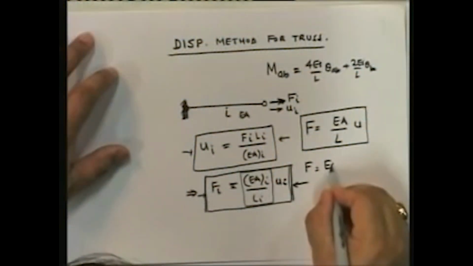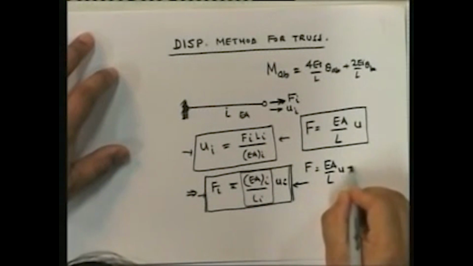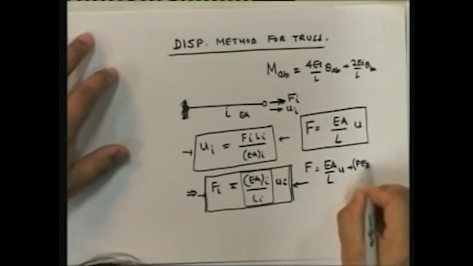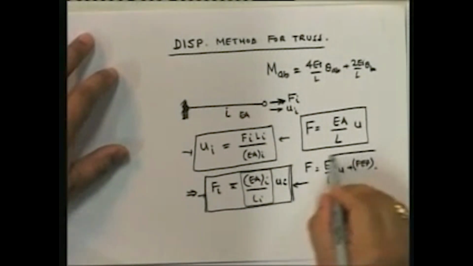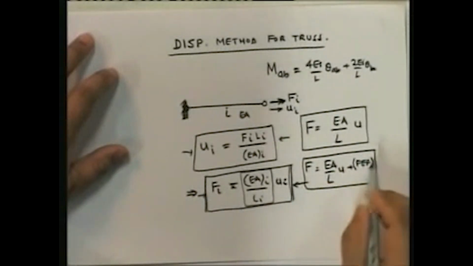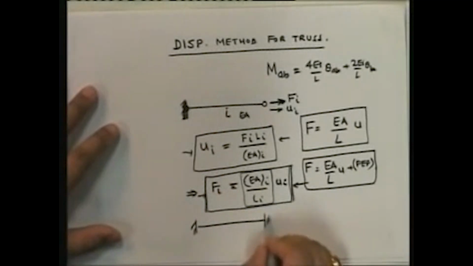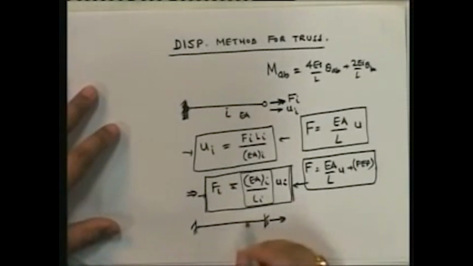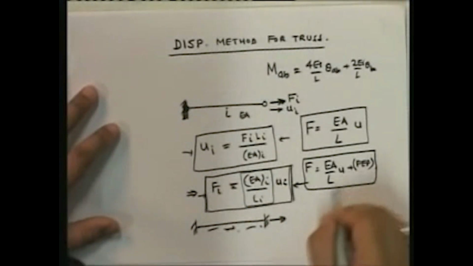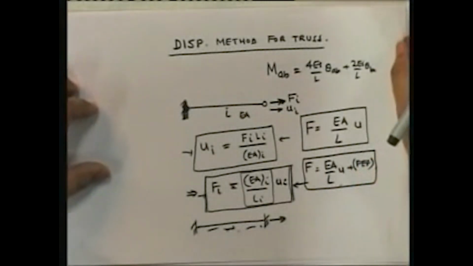Of course, you might have a temperature problem, and therefore this can be written generally as F is equal to EA by L U plus fixed end force. Which is the fixed end force? This is the force developed here due to a member effect. We'll see that later.